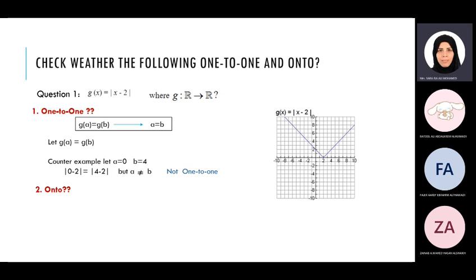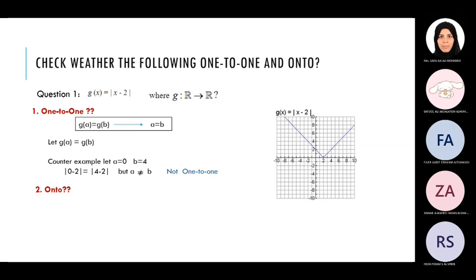Is it onto? Again, it is not onto. Same as the quadratic, because it is absolute, our range is all the positive values. But if it were R plus union 0 here, it would be onto. But actually our codomain is R, which contains positive and negative values. So all negative values are not mapped to any element in the domain.